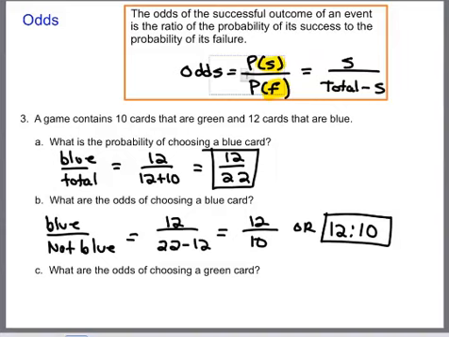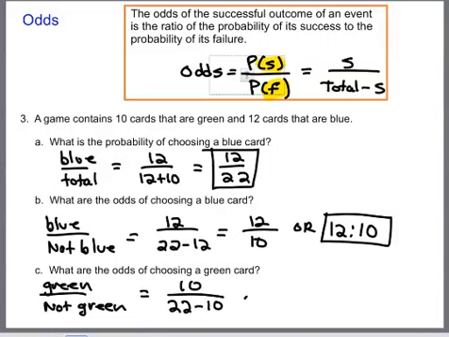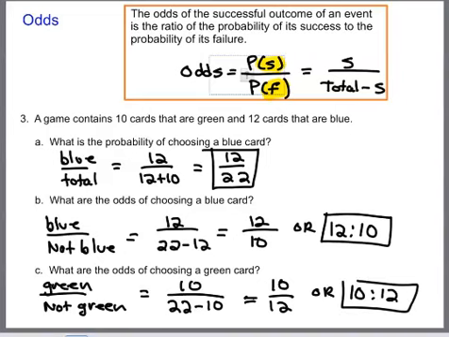So the odds that you're going to get a blue are 12 to 10, or you can reduce that to 6 to 5. The odds of a green card, so how many are green compared to not green? Well, there are 10 that are green. If we take the total minus the green, that's 10 to 12. So the odds are 10 to 12.